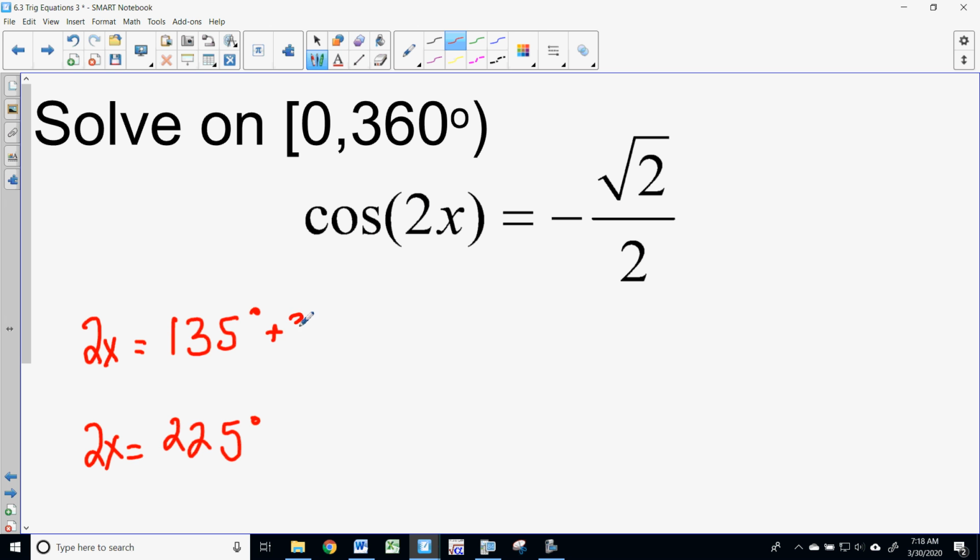We're going to add our 360n in. And remember, we're only dealing with the positive one here, unlike what we looked at in the last section, because we're only on 0 to 360. Now we're going to divide everything by 2.